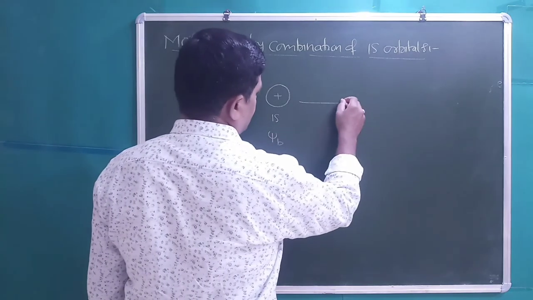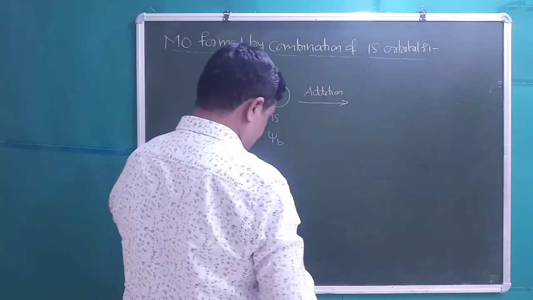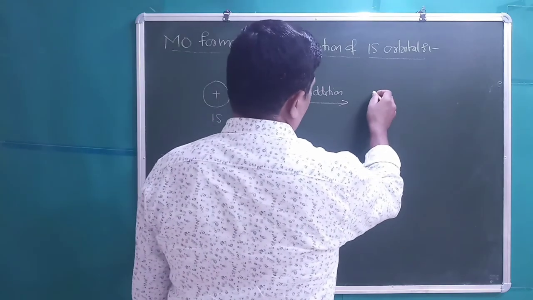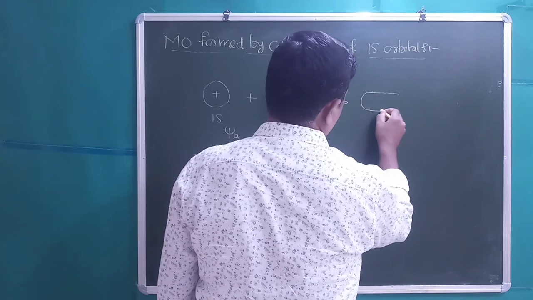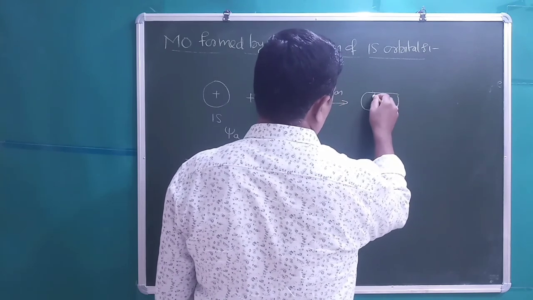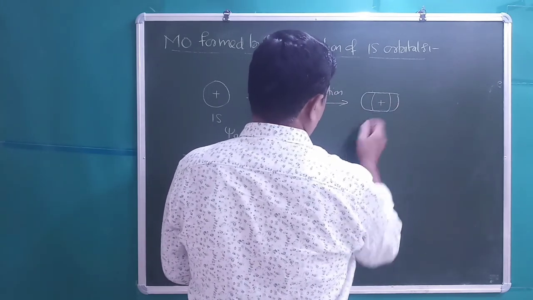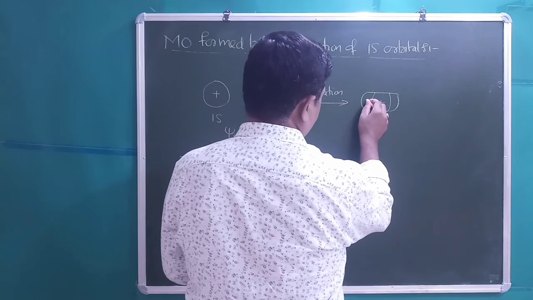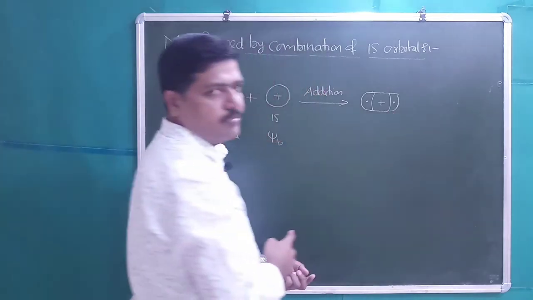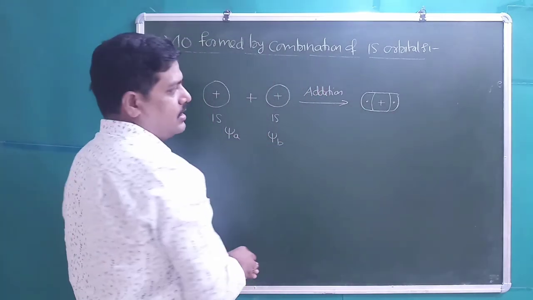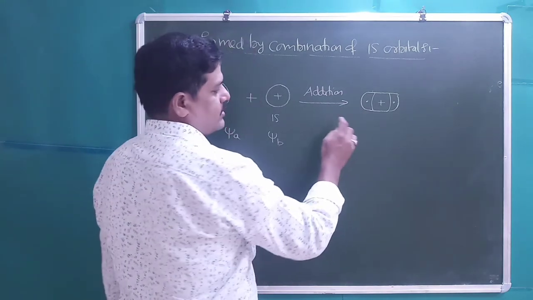This is addition overlapping, which will give us bonding molecular orbitals. The electron density in between the two nuclei, these dots indicate the nuclei, will increase, which causes stability of the molecule.